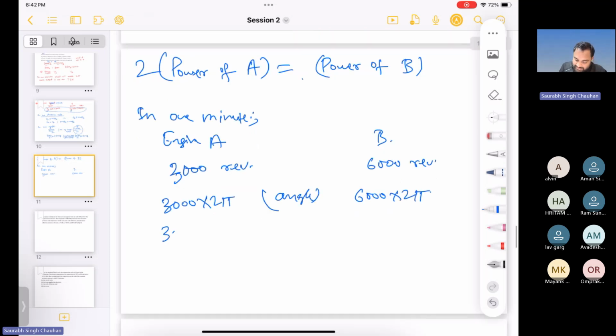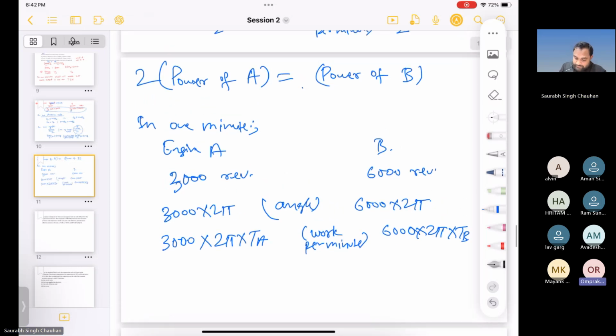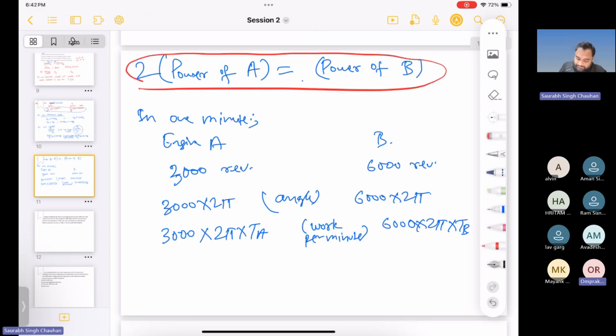And if you multiply it by the torque value, then this will be work per minute, right? 6000 into 2 pi multiplied by TB, correct? And we have seen here that 2 into power of engine A, that is 3000 into T, this thing is equal to power of B, correct?